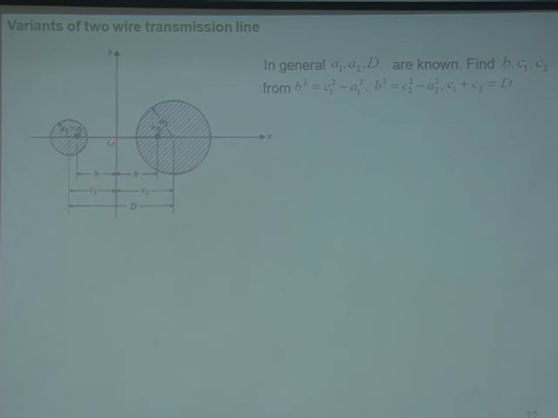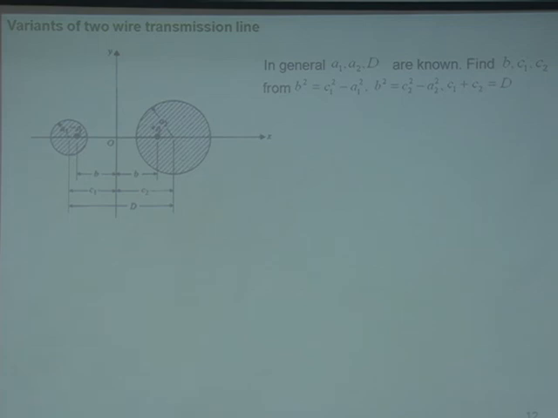B is the distance from the origin to this line charge, or the distance from the origin to this line charge. 那 C 呢是 well, once you put down this line, then you can define C1 and C2. 那这个问题其实解完了，你要求出来就是这个 V1 minus V2.